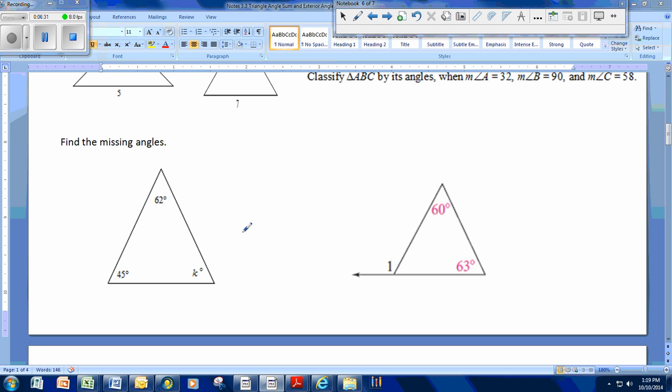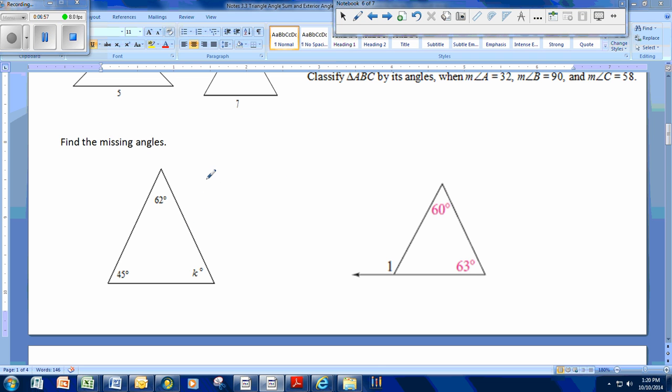Okay, finally here, what we're going to do is talk about the triangle angle sum theorem. Okay, so in this example, we have a triangle, and we have 2 out of the 3 angles, and we're looking for this missing angle right here. All right. Now from the triangle angle sum theorem, I know that all 3 of these angles are going to add up to 180.